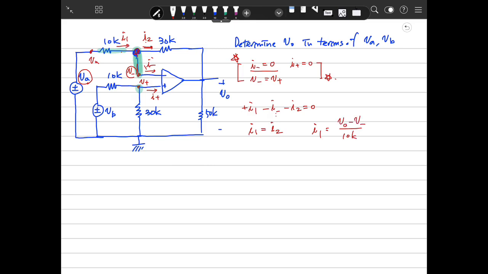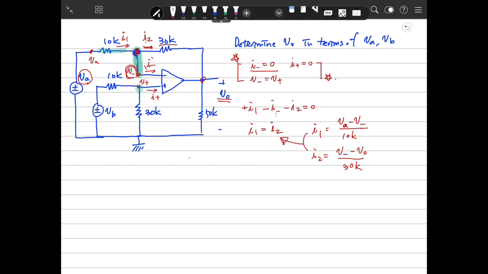And what is I2? I2 is, this is V minus and this is V output, so V minus minus V out over 10 kilo.